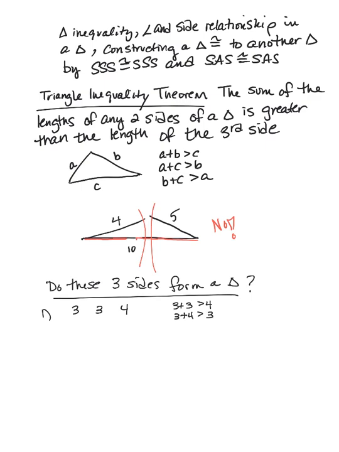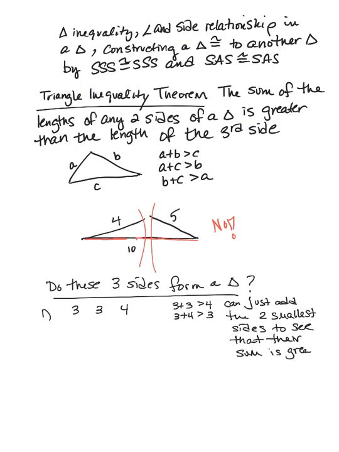So the thing is, if you want to take a shortcut, okay, we can just add the two smallest sides to see that their sum is greater than the third side. Okay, so this answer is yes.